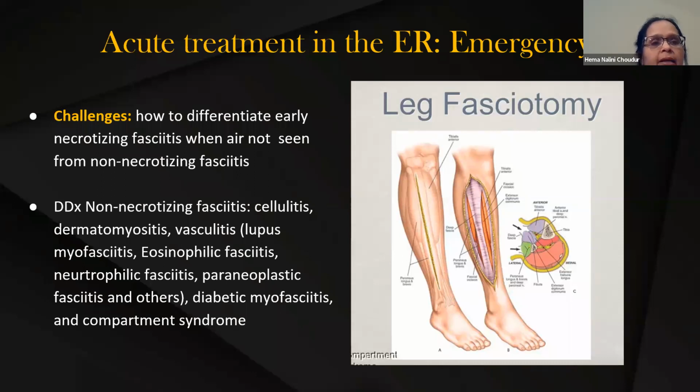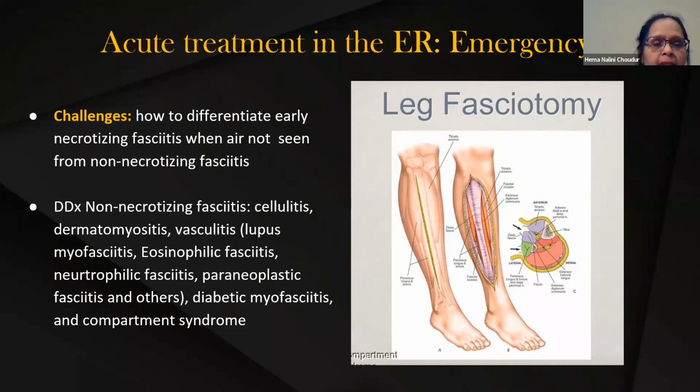So we've looked at some challenges during the course of this talk, how we should differentiate early necrotizing fasciitis when you don't see air. When you see air, we all know how to diagnose it. When you don't see air and you say that you can't rule out necrotizing fasciitis, however, you keep in mind other non-necrotizing fasciitis differentials in your mind.